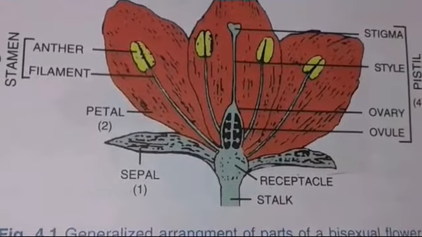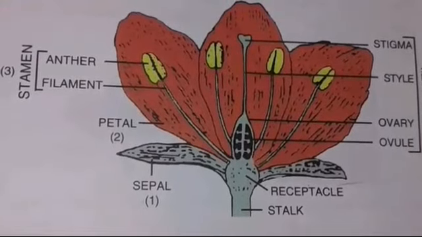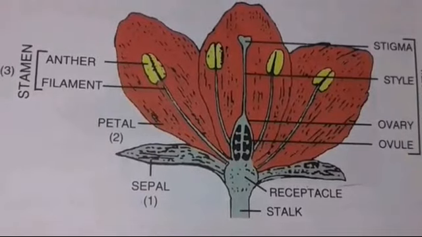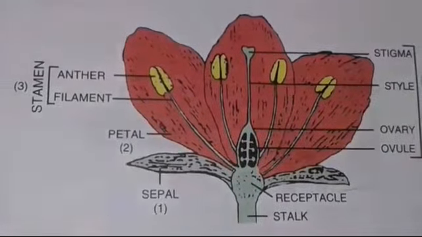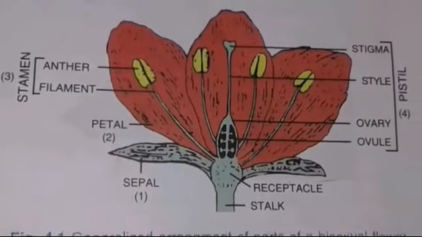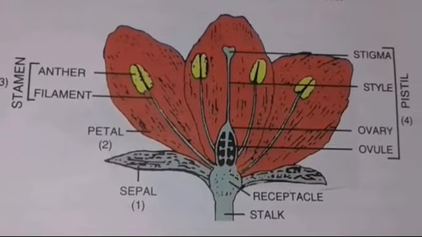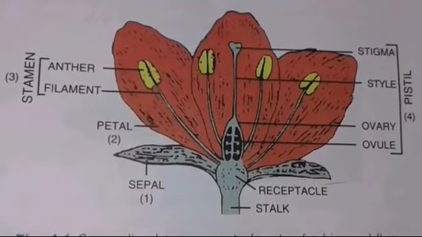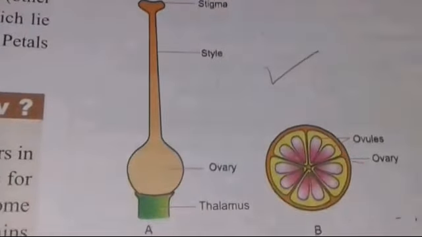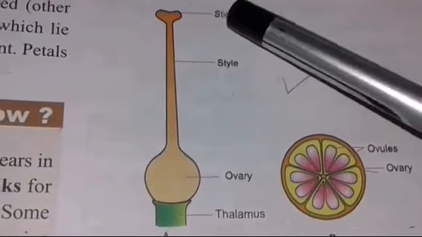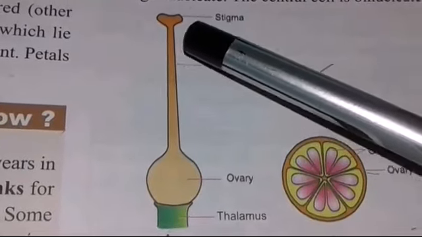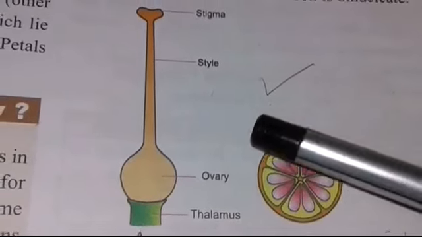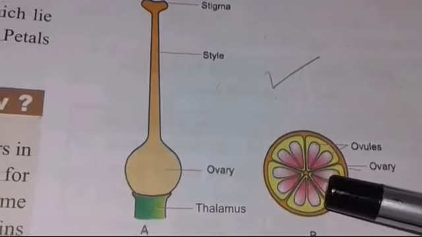Here you can see in this diagram, the style acts as a connector between stigma and ovary. Here is another diagram of the gynoecium, the female part of the flower: stigma, style, ovary. It is a transverse section of the ovary where you can see that ovules are clearly seen. This is all regarding the basic structure of a bisexual flower.